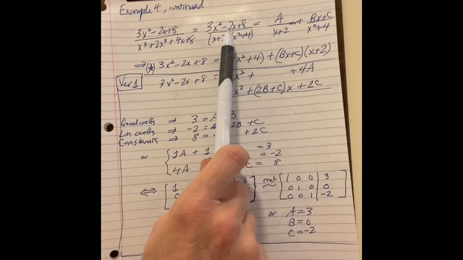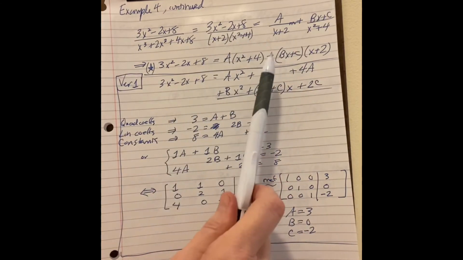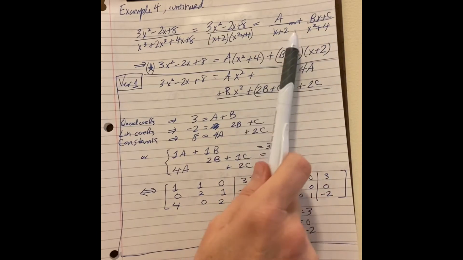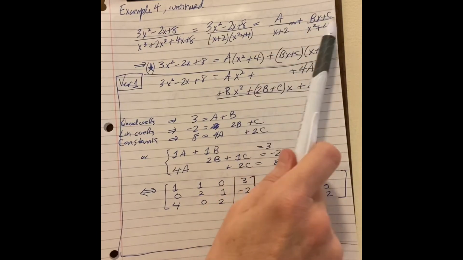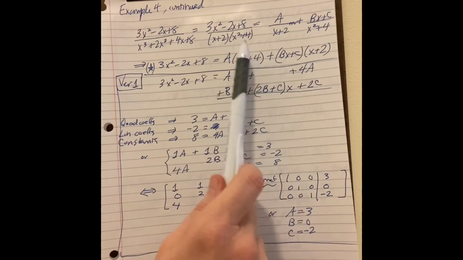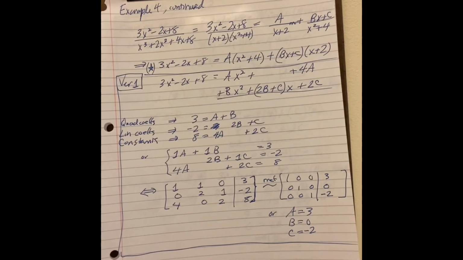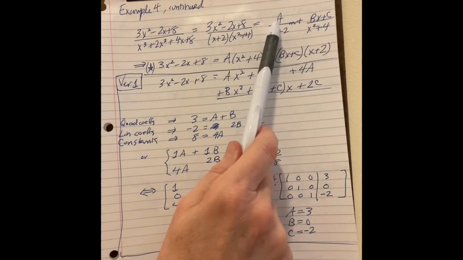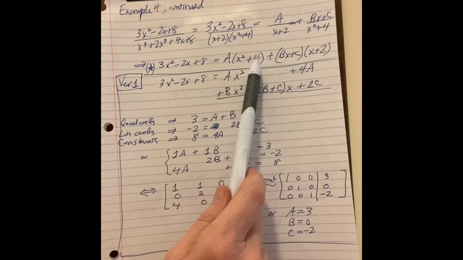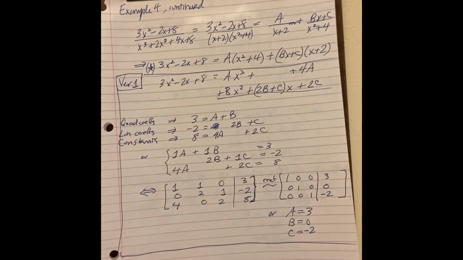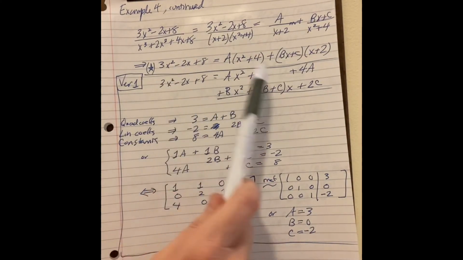We just need this numerator to equal what the numerator would be over here if we found a common denominator and combined it. So the known numerator polynomial, 3x squared minus 2x plus 8, would have to be equal to a times x squared plus 4, plus bx plus c times x plus 2. Again, we're trying to figure out for what a, b, and c these two polynomials are exactly the same.